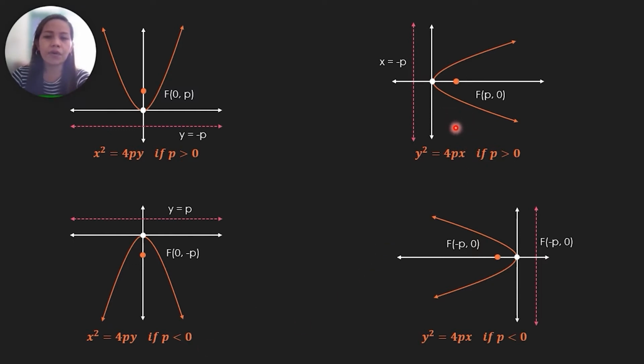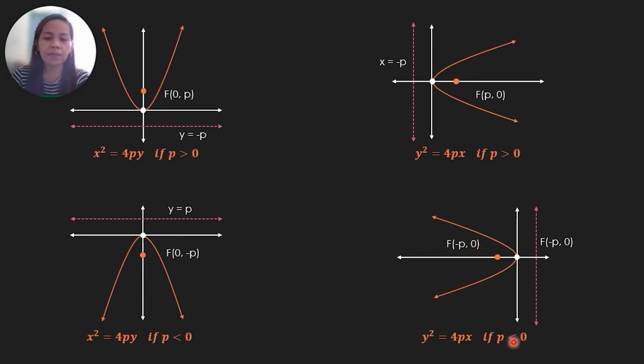Pag ang imuhang parabola, mag-open siya sa right or left, but pasabot y squared na siya. And then this will now be x here. No? Ang imuhang axis na sa parabola is the x na. Alright? And then the p is positive when the parabola is opening to the right.